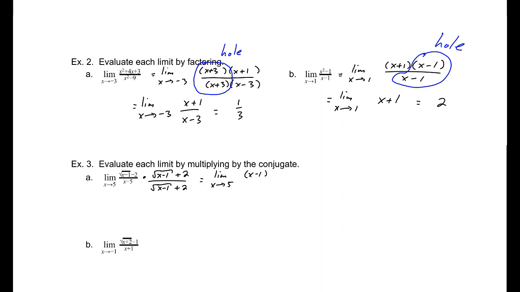And we have x minus 5, square root of x minus 1, plus 2. Now, if you notice, the numerator is actually x minus 5. So that reduces down. As x approaches 5 of 1 over the square root of x minus 1 plus 2. Plugging in the 5 now, that would be 1/4.